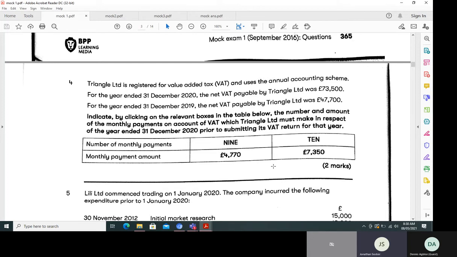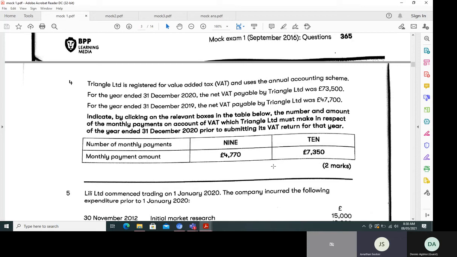Filing, you submit the document in support of that payment. So under the annual accounting scheme, the law says you pay 9 monthly installments, and the installment payment starts from the 4th month of the relevant year you are trading.